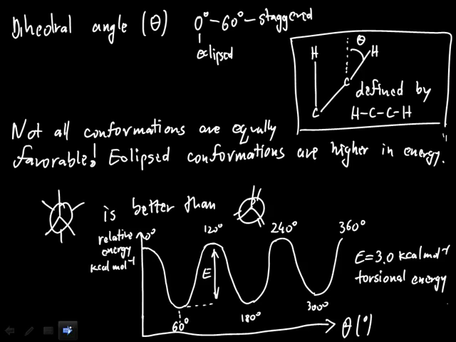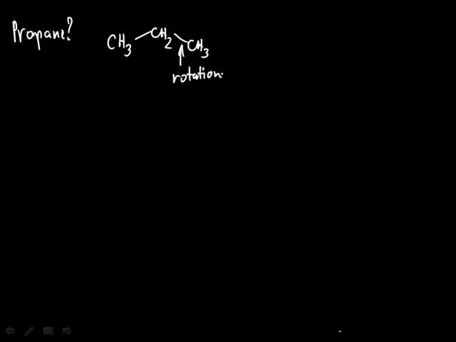Let's see now how this applies to propane. Well, in propane, we have 2 CC bonds, but the thing about them is they're symmetric. So if you look at the rotation around either one of them, we're going to have 2 conformations. One will be the staggered one.